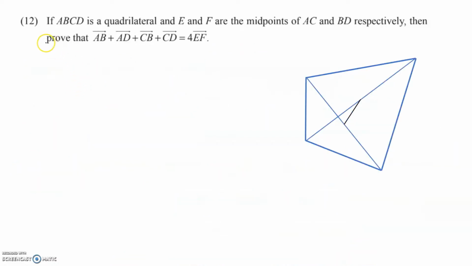Okay, so this is the last problem in this video. I hope you're finding it easy. I think vector algebra is one of the easiest topics, and you can score very good marks if you keep practicing it.